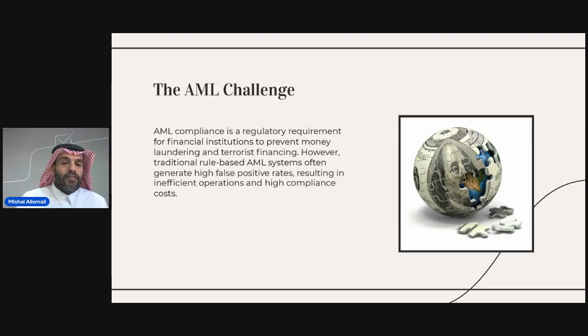AML, as you know, anti-money laundering, actually has three stages: the first stage is placement, then layering, then integration. Machine learning should go through all the stages because it will detect the pattern. Also the ways that they use, as all of you know, there are a lot of types of money laundering, smurfing, blockchain, and all of these things.